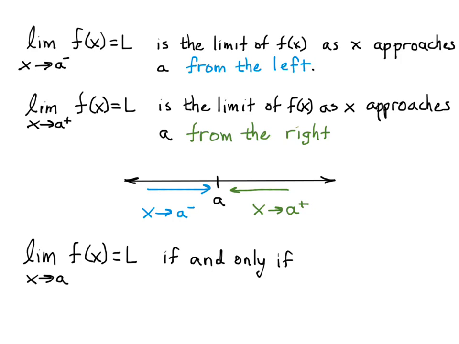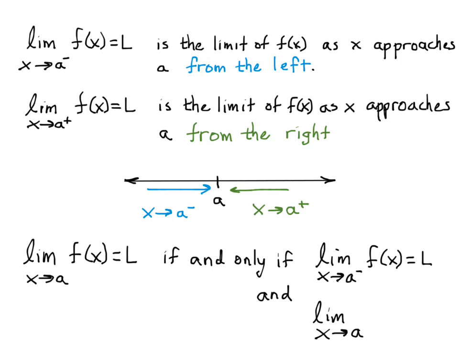So we're going to say that the limit of f at x is L as x goes to a, if and only if it goes to that value from either direction. Okay, so what this means is, we'll go to the board here.